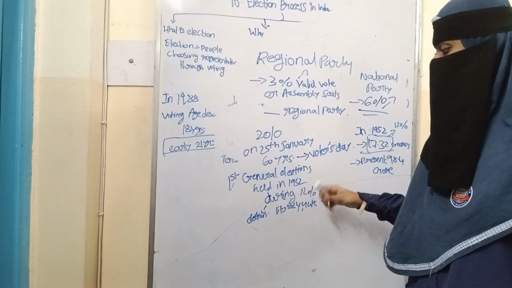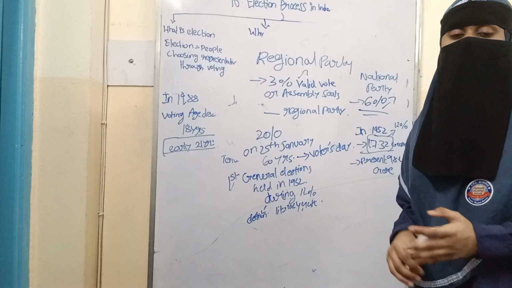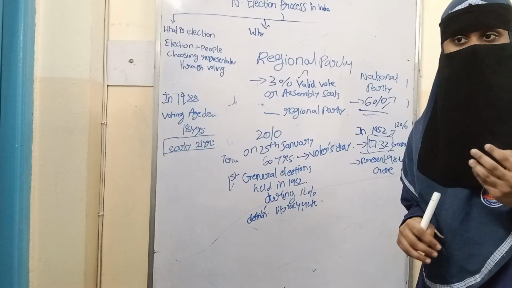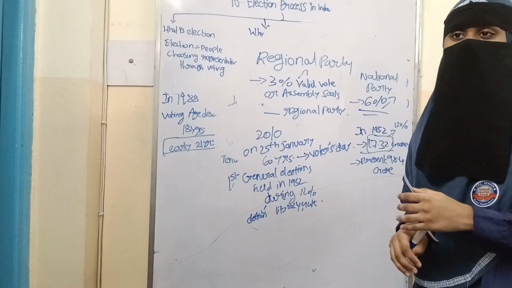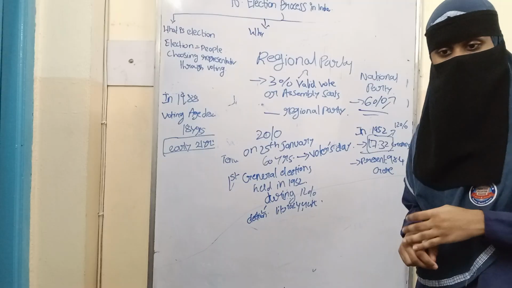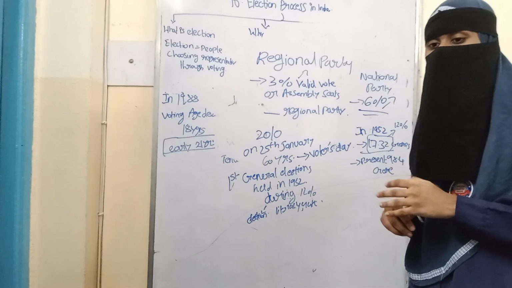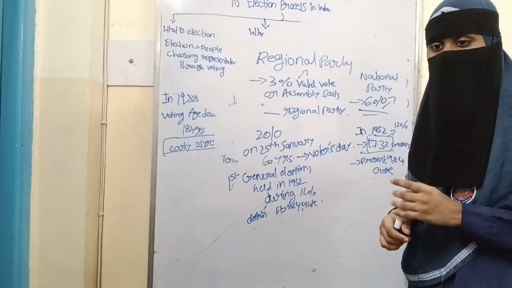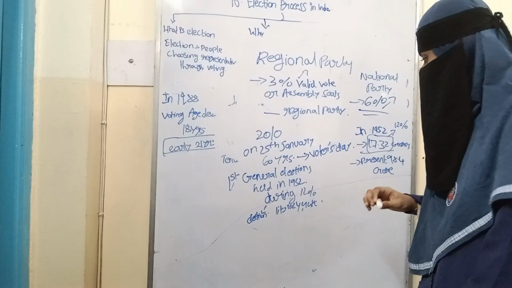At that time the election process faced a huge problem because people did not have that much knowledge, did not know the constitutional laws, and did not know which was the right political party or what the dos and don'ts for a political party are in order to get votes.